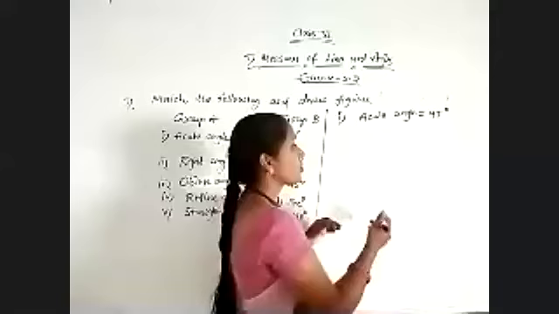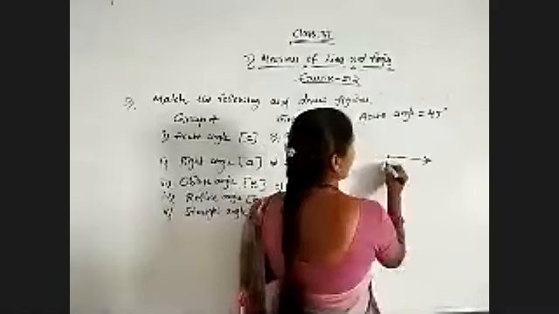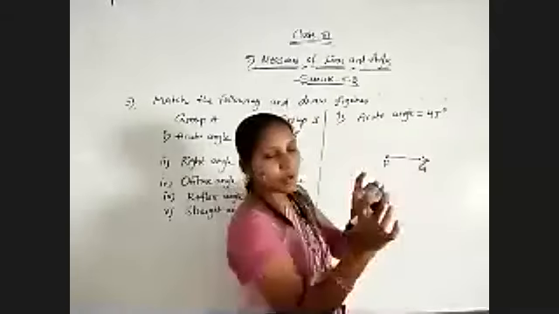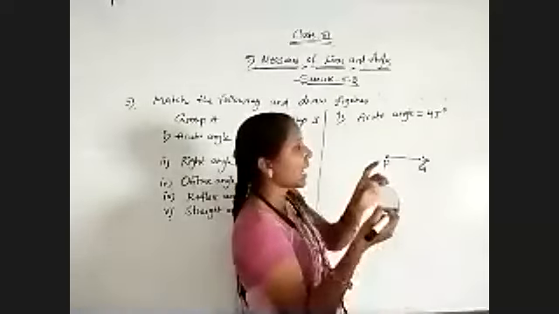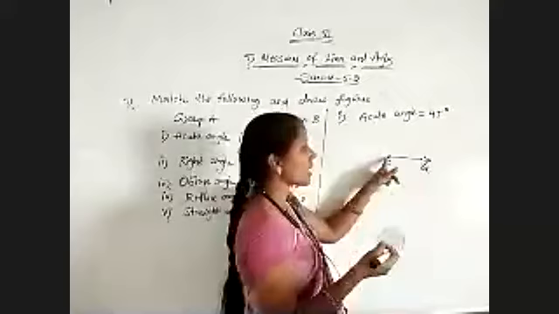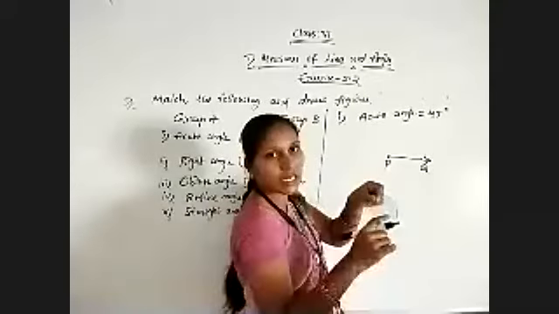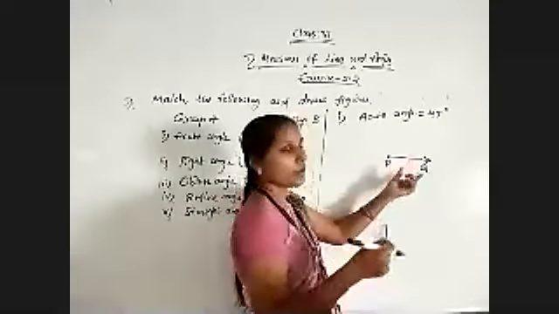So I am taking right side only, say PQ. Here they did not mention any alphabets, I am taking them for my convenience. I want to construct angle P of 45 degrees, which is an acute angle. For that, I have to use the protractor. Its center point I must place at vertex P, and the baseline 180 degrees should be on PQ.